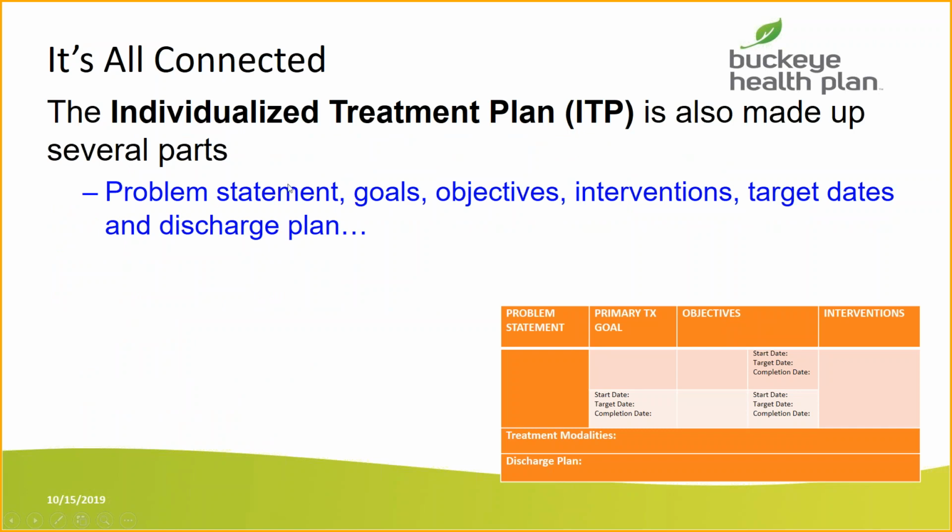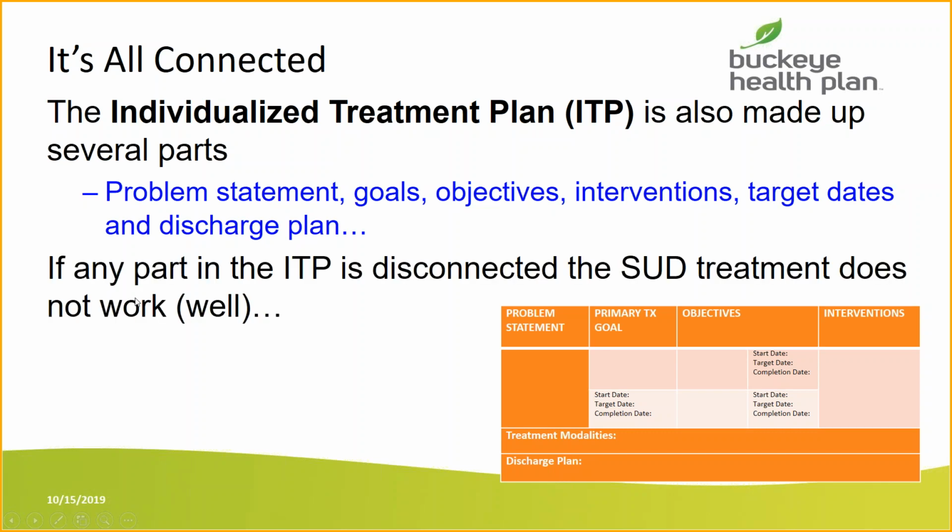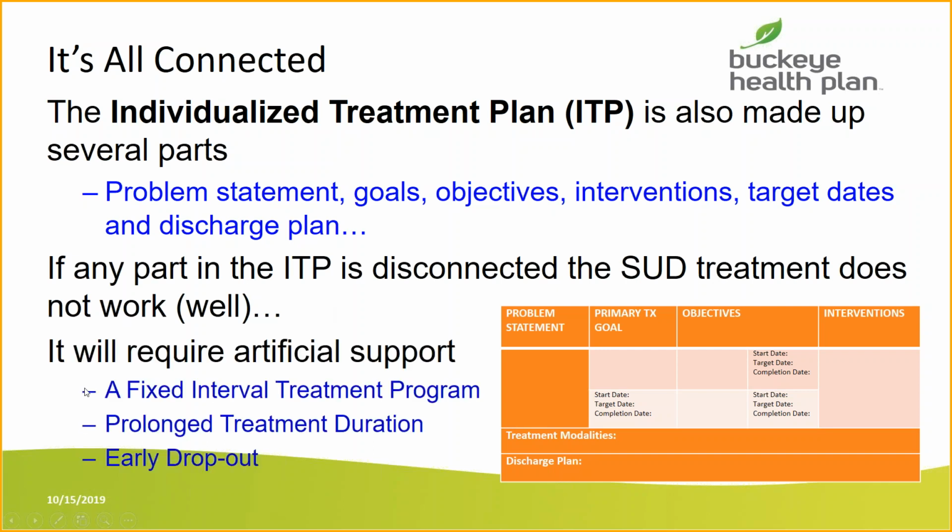And it's all connected in terms of individualized treatment plan as well. It has several parts, in which we'll go over in detail. You see the problem statement, goals, objectives, intervention, target dates, and discharge plan. If any part of the individualized treatment plan is disconnected, the substance use disorder treatment doesn't work so well.